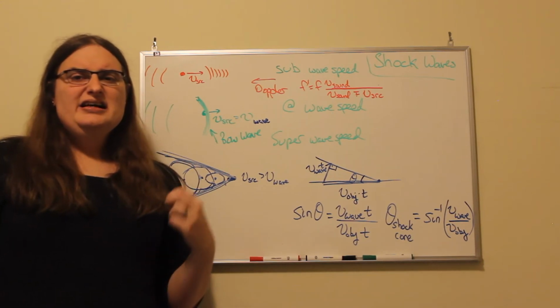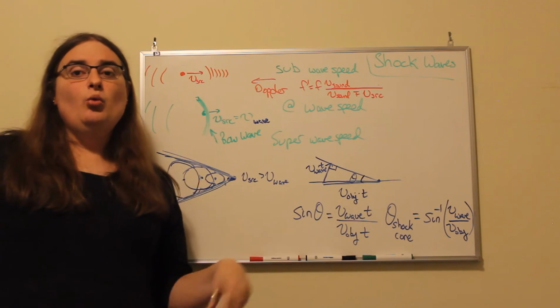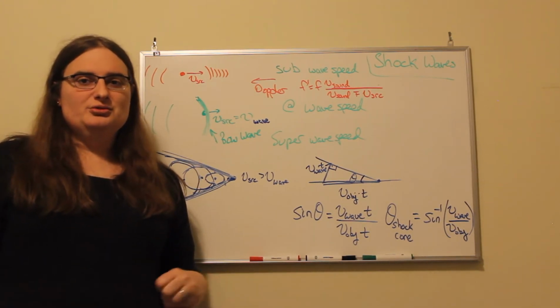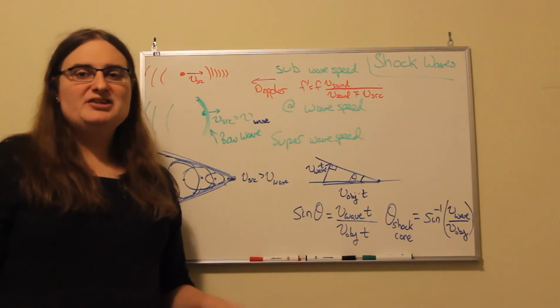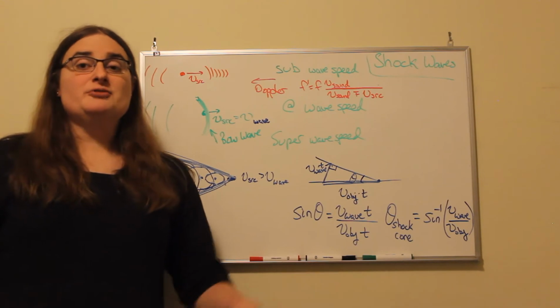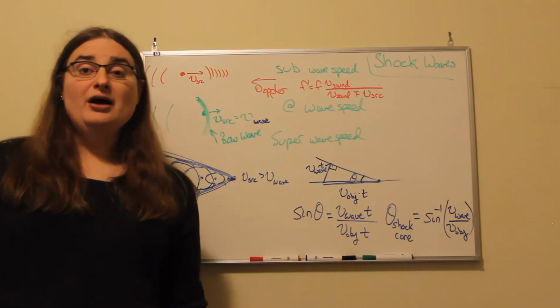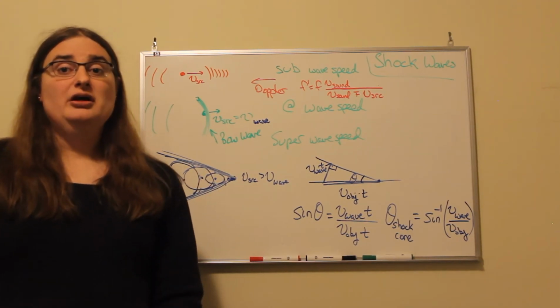Now, in setting up this picture, I described it as an object being a source of sound. Here's the neat thing. It doesn't have to be producing a wave per se. Silent objects, like if you were to have the ability to just sprint and in an instant be traveling at 500 meters per second, which is beyond the speed of sound, you would create a shock wave because you are traveling faster than the speed of sound.